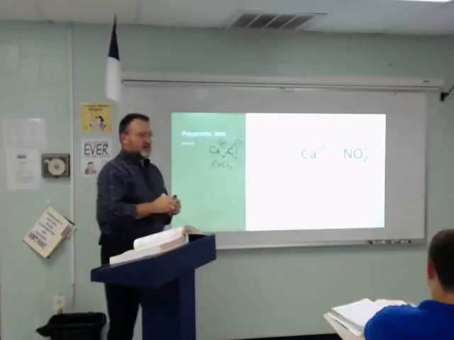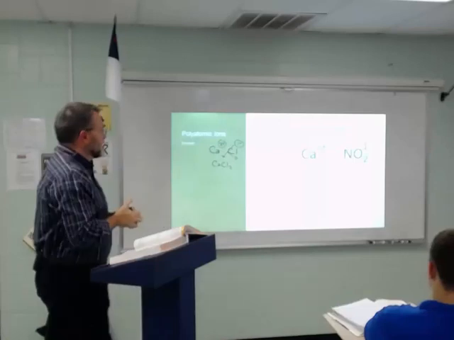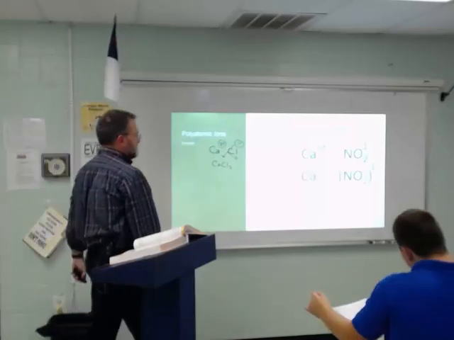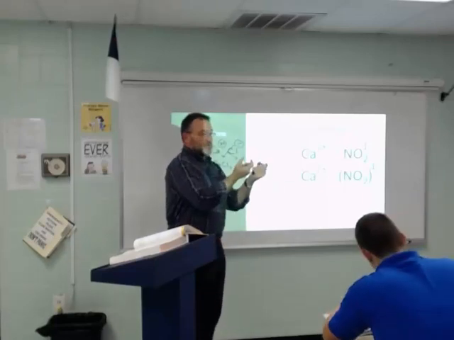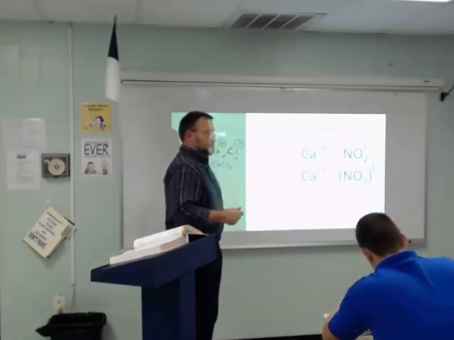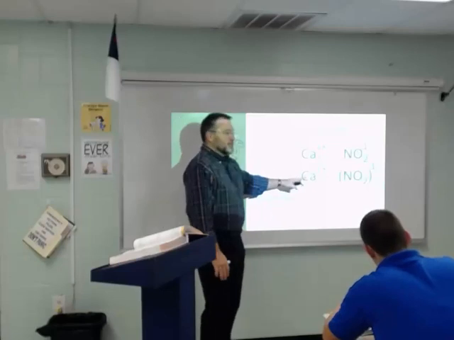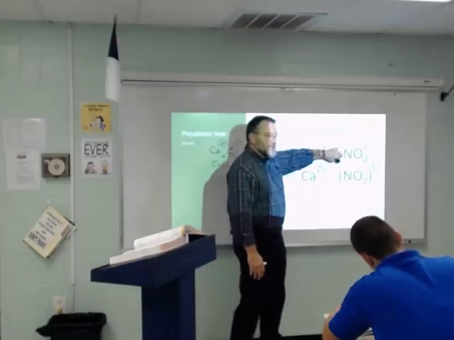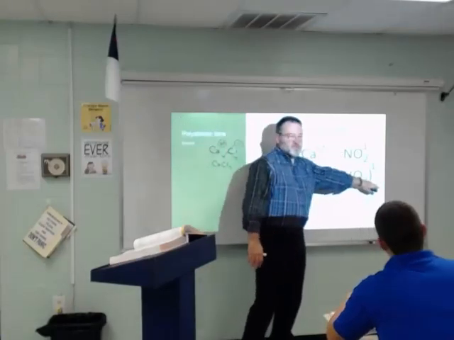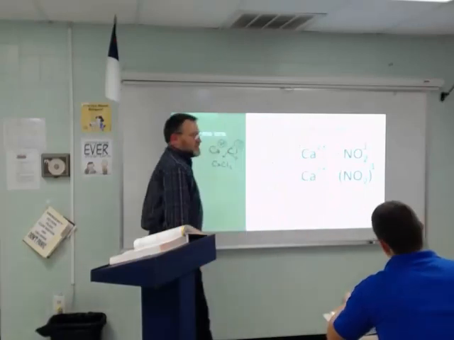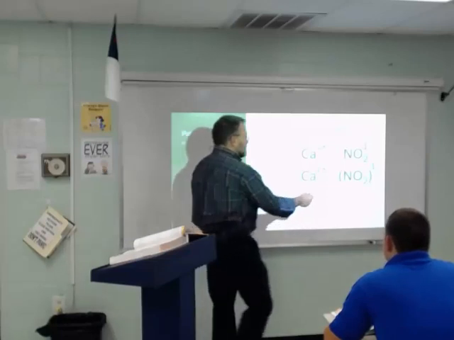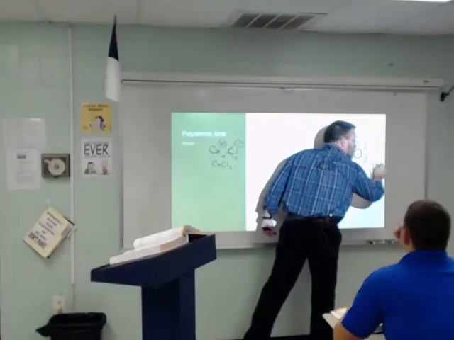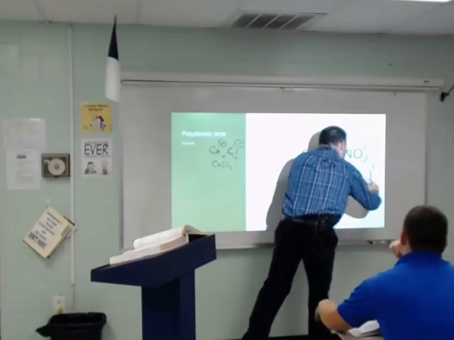We're going to do the same thing here with calcium and nitrate. Calcium wants to be a +2. Nitrate wants to be a 1 negative. Now here's a recommendation I have for you: when you do this step, put your polyatomic ion in parentheses. Putting them in the parentheses is going to ensure that you remember that this charge is being applied to this entire molecule.